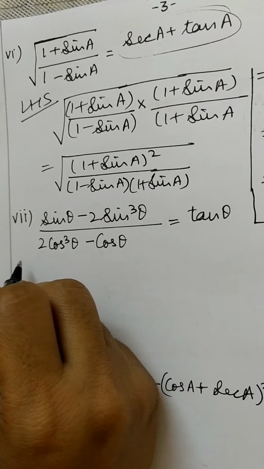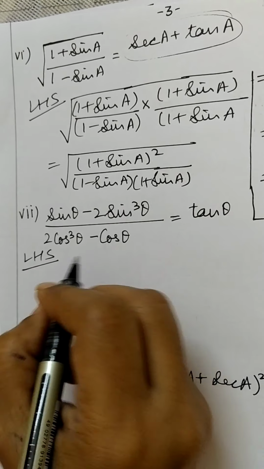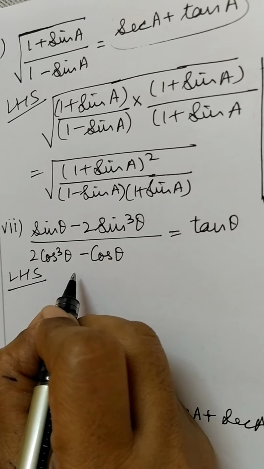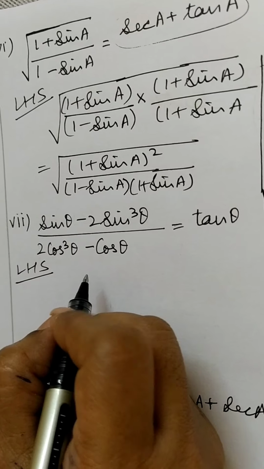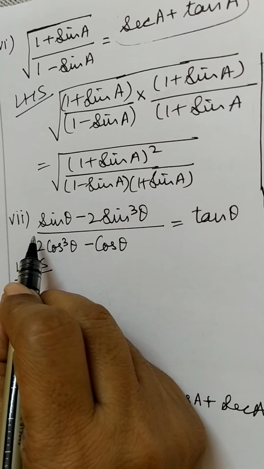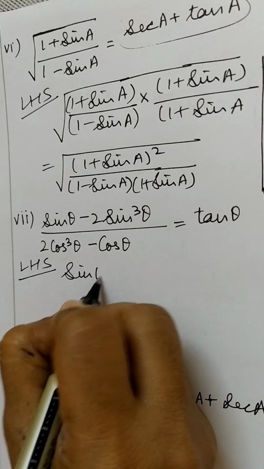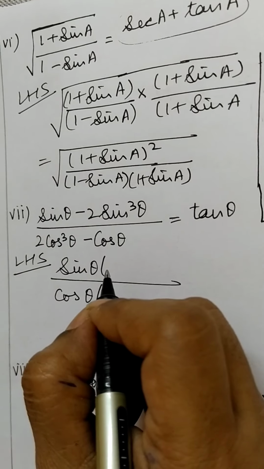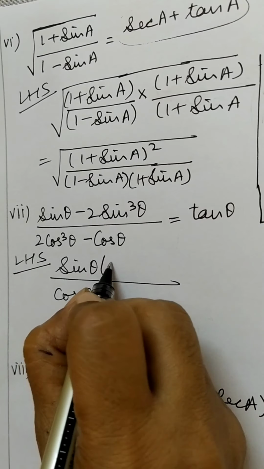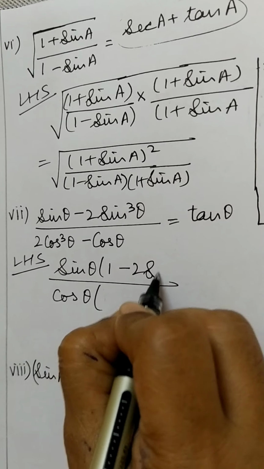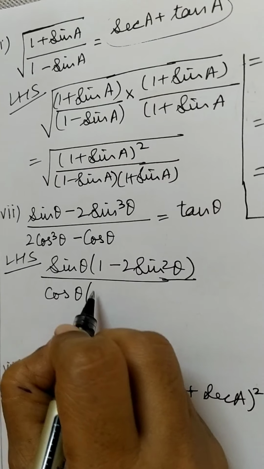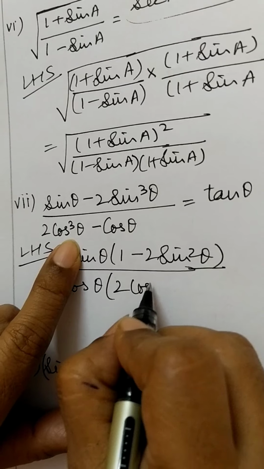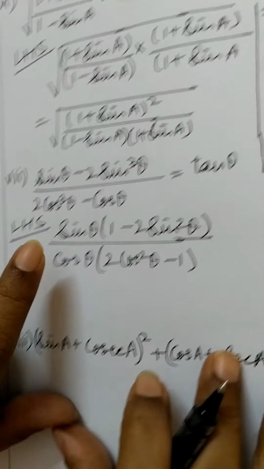Next we are doing the seventh part, LHS: sin theta minus 2 sin cube theta upon 2 cos cube theta minus cos theta. We are considering it first. I am taking sin theta common from the numerator and cos theta common from the denominator. What we are left with in the bracket, let us see here, 1 minus 2 sin square theta, and here, because cos theta is out, 2 cos square theta minus 1.